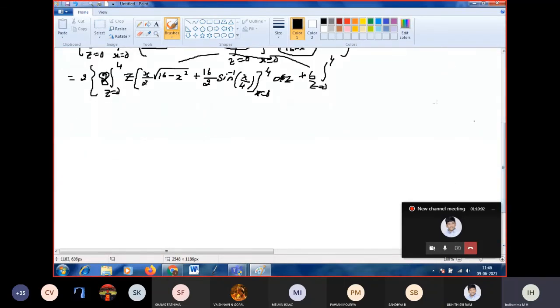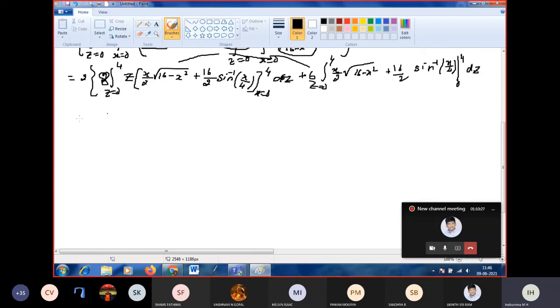So what shall I write? x by 2 root of 16 minus x square plus 16 by 2 sin inverse x by 4. After the integration, what is the limit? 0 to 4 into dz.